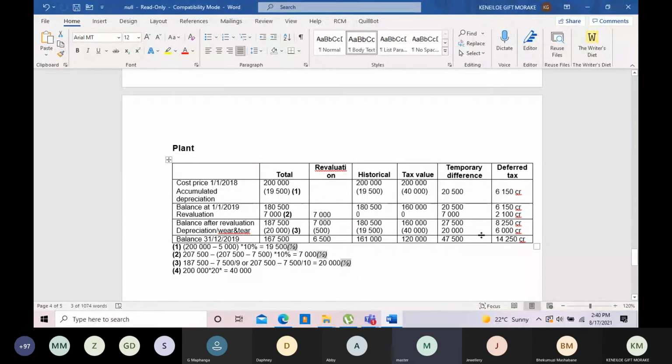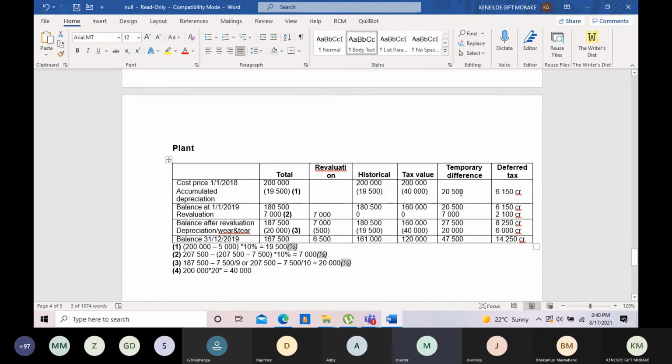Why are these amounts on credit? If your temporary difference is positive, your deferred taxation will be on the credit side. If your temporary difference is a negative amount, your deferred taxation will be on the debit side. Let me repeat: if your temporary difference is positive, your deferred taxation will be on the credit side. If it is negative, your deferred taxation amount will be on the debit side. It is as simple as that.